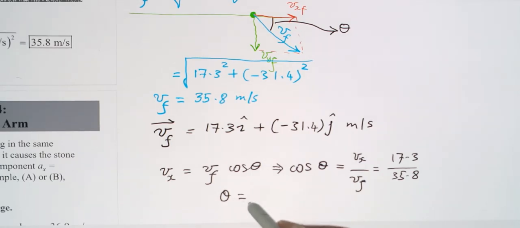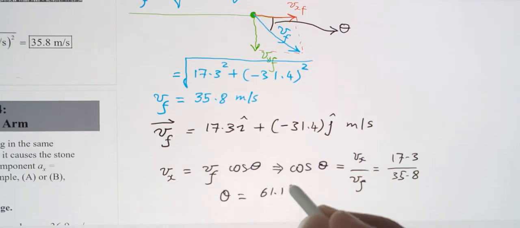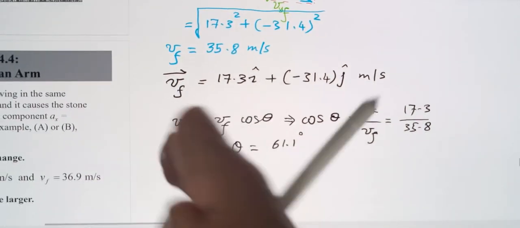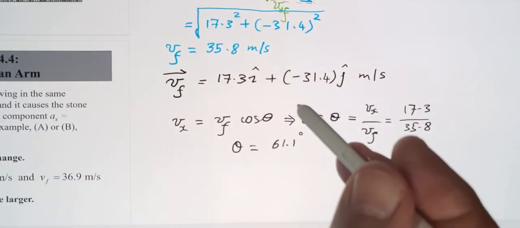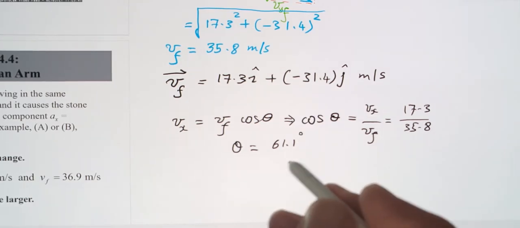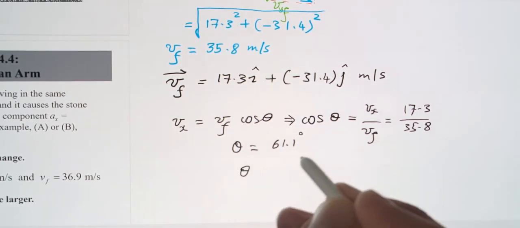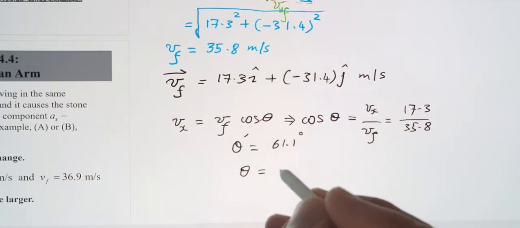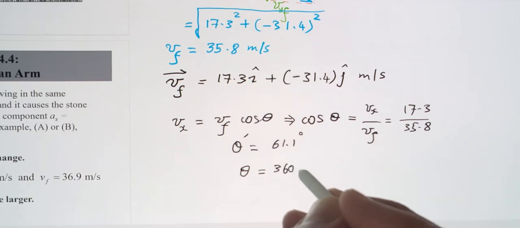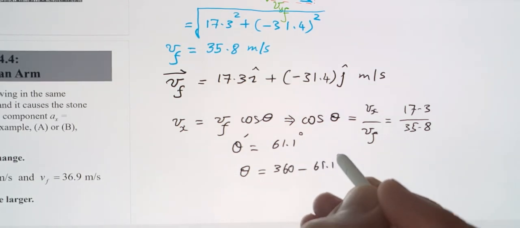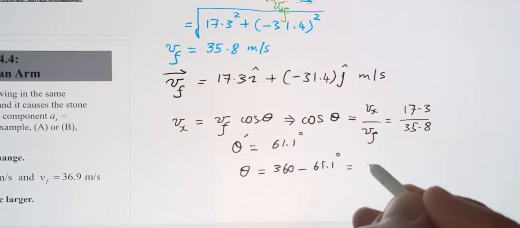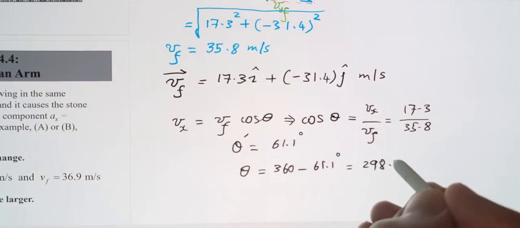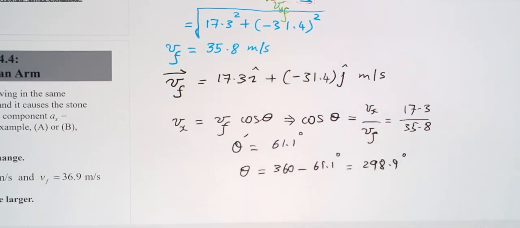When you put those numbers on the calculator, you will get 61.1 degrees. But that's above the x-axis. So let's give this a theta prime. So theta is equal to 360 minus 61.1 degrees, 298.8 degrees, as your colleague Ahmed said.